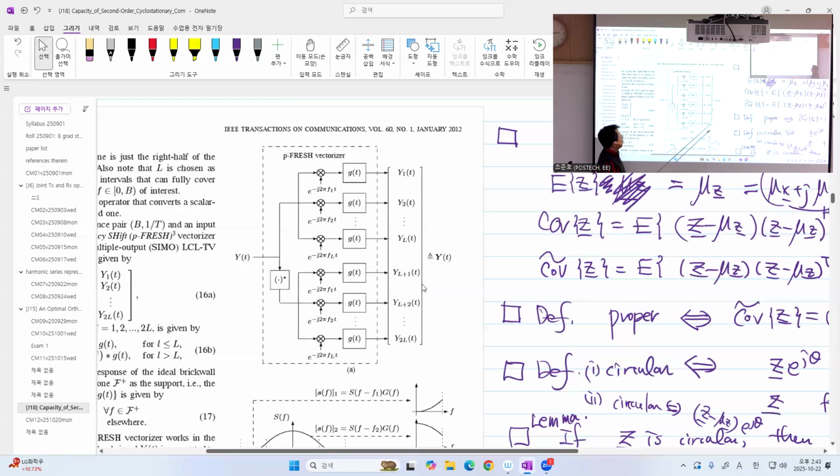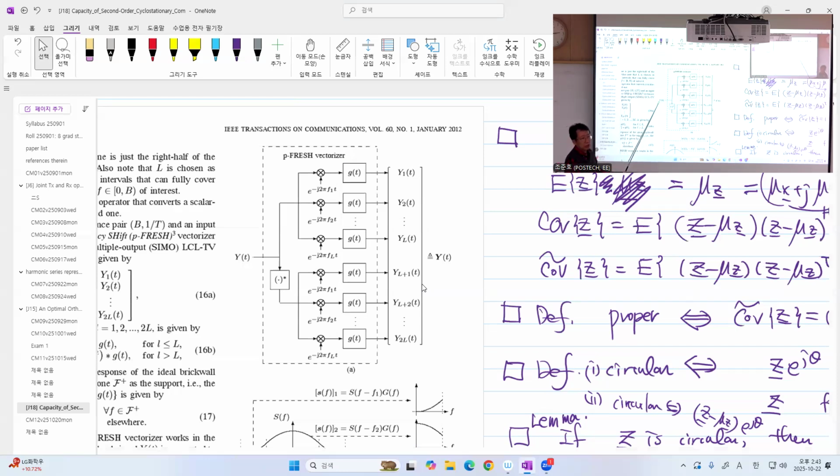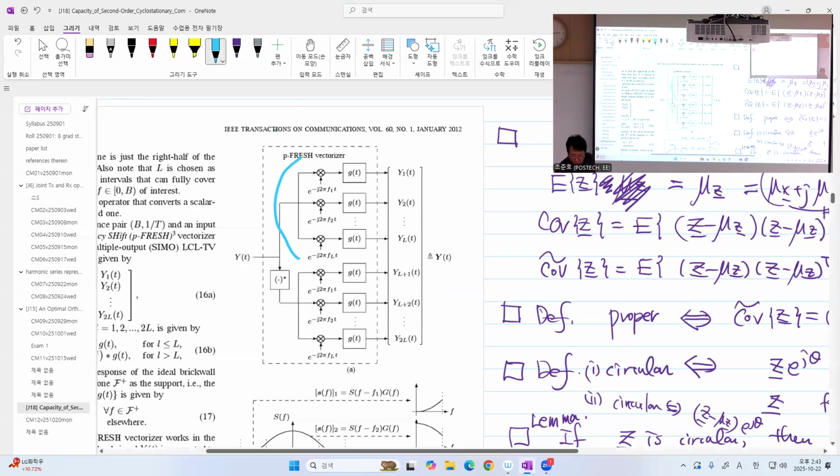So suppose you have a random process Y, which is improper complex, Y-sense cyclostationary with period capital T. Now, if you take a look at the structure, this P-fresh vectorizer has two sub-branches. The first one is very similar to the fresh vectorizer, and the other is also very similar except this part.